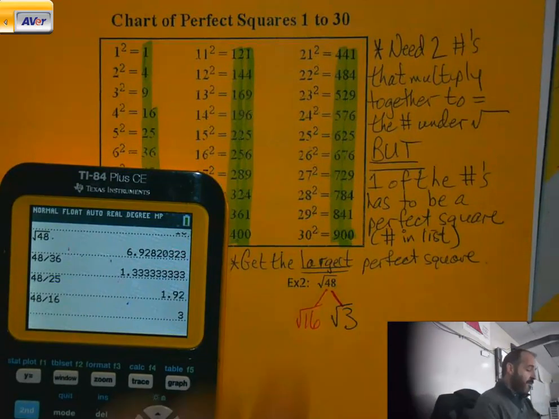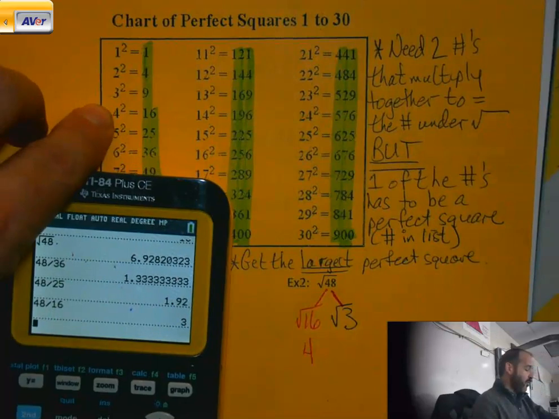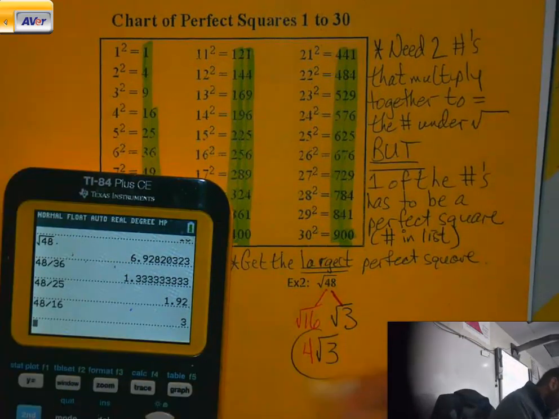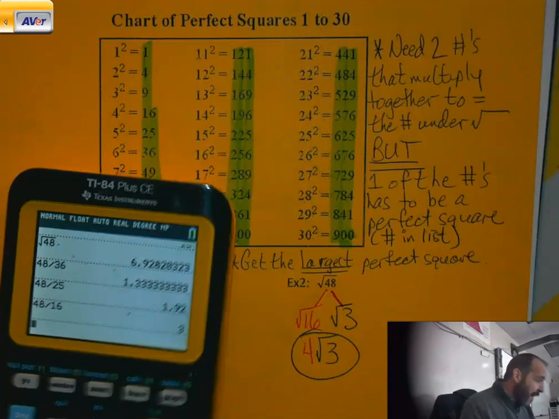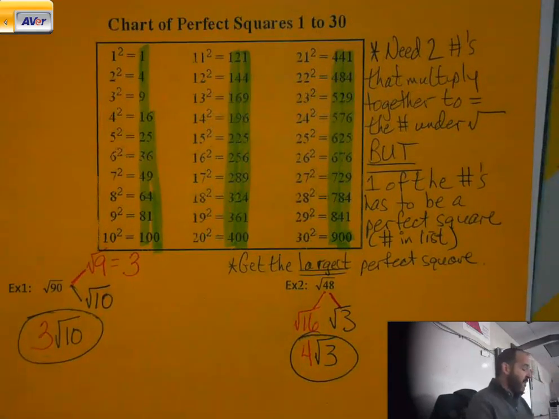And so again, the perfect square gets out of radical jail with its new identity. The non-perfect square has to stay under. So just about every time, that's how these are going to work. Find the biggest perfect square, find the 2 numbers, break the perfect one down. You're done.